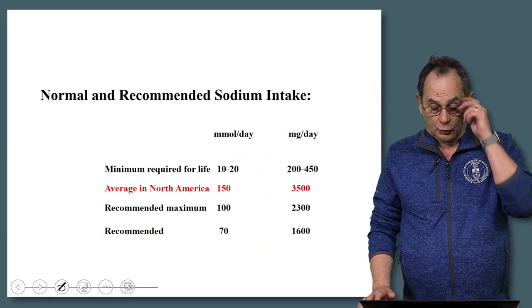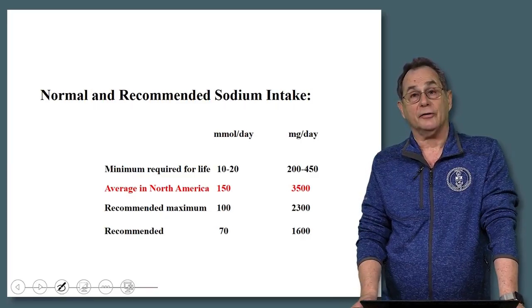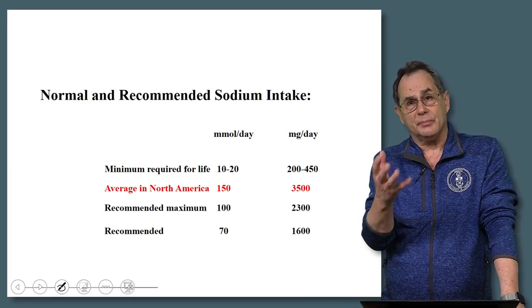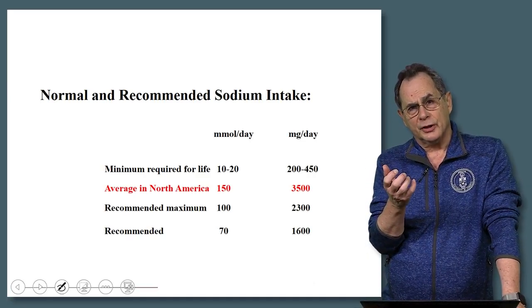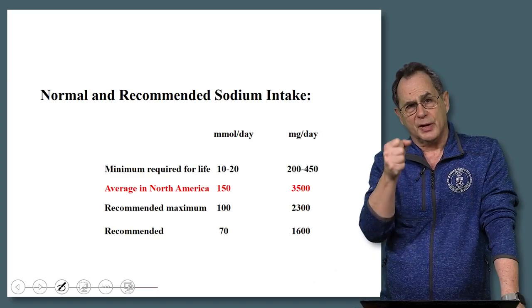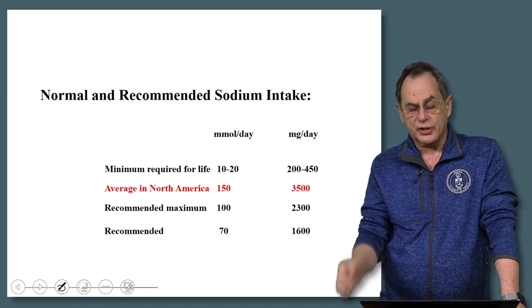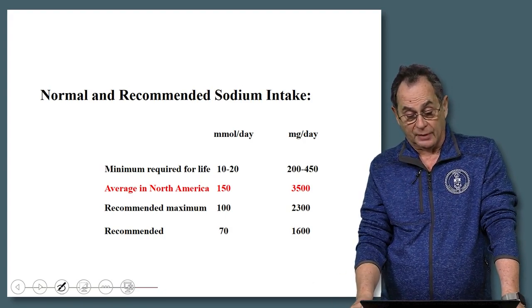Now, normal and recommended salt intake. So, for example, the minimum required for life. This is a somewhat arbitrary number, but it indicates the ability of the kidney to take that 22,500 milliequivalents filtered into Bowman space that transits the nephron and reabsorb all but about 10 to 20 millimoles, about 200 to 450 milligrams a day.